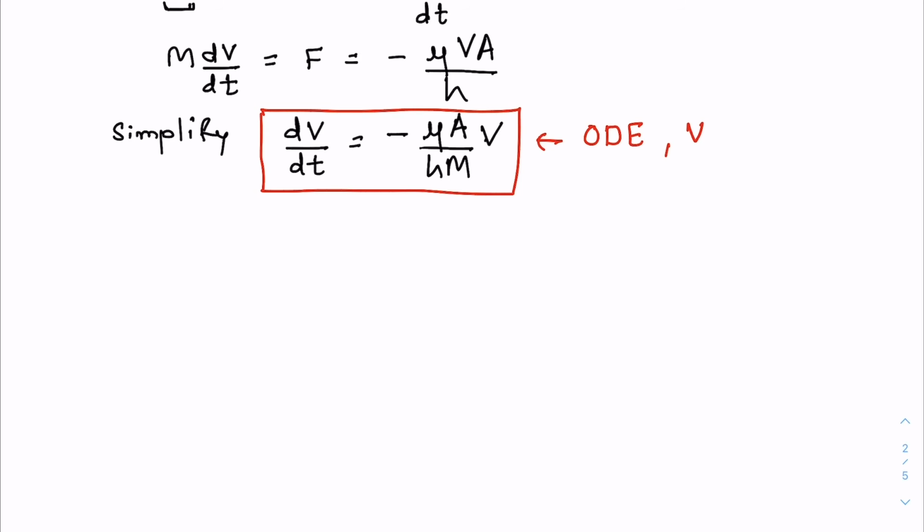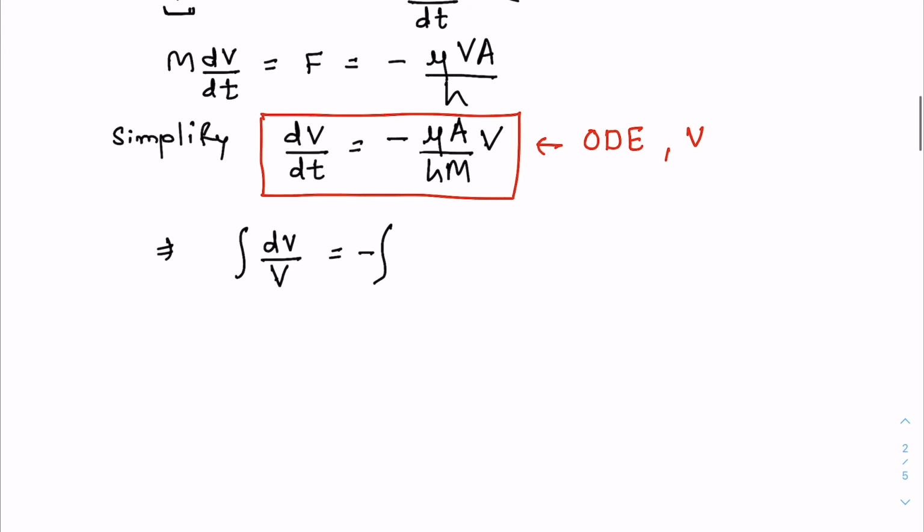So dv divided by v, integrating on both sides, is equal to mu times A divided by h times m, dt, and the limits of integration are, let's say, 0 to t and some initial velocity v naught to a velocity v at time t.